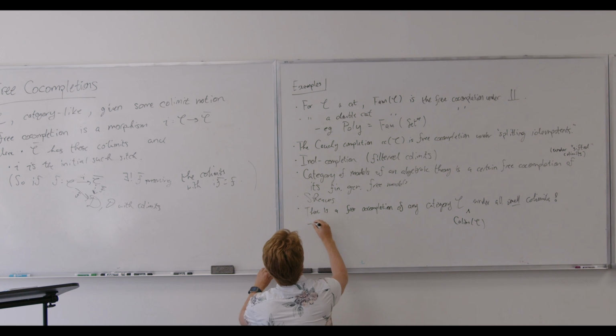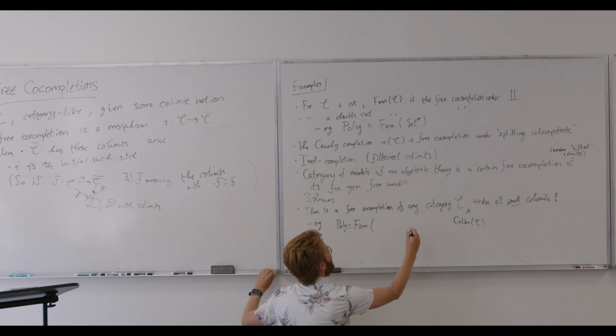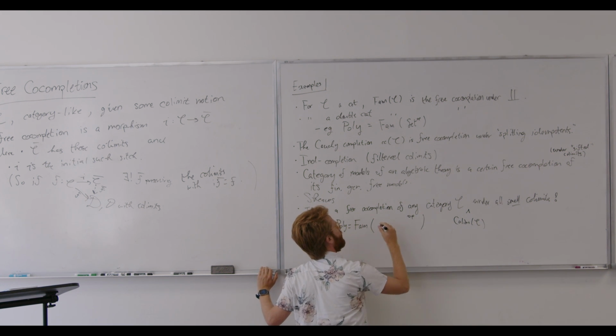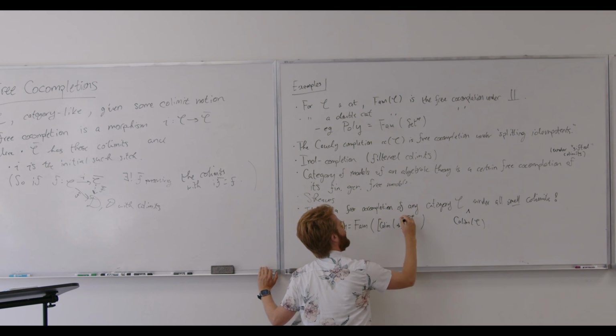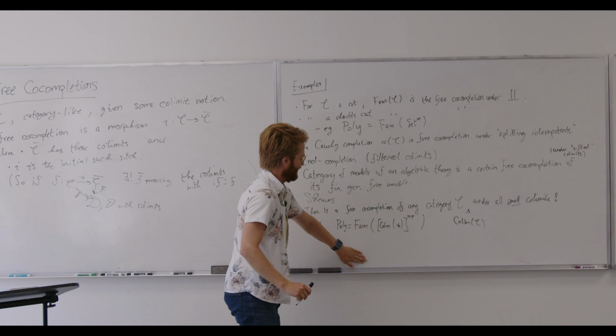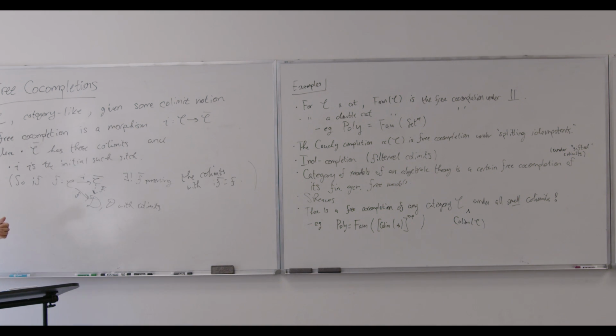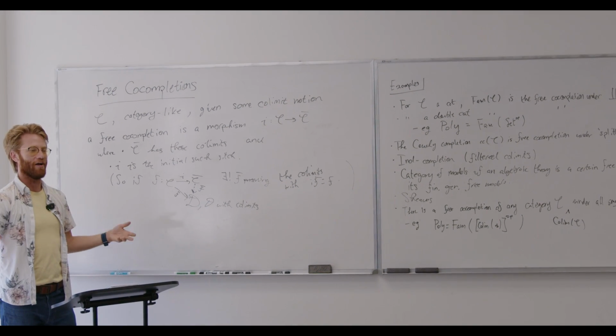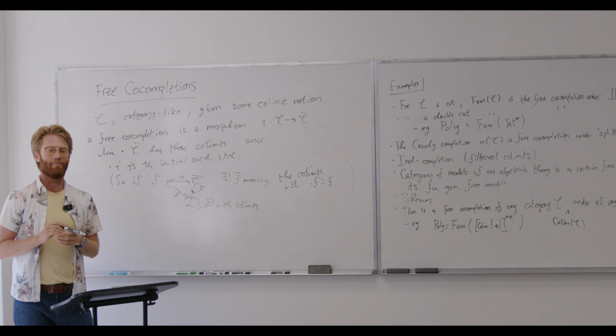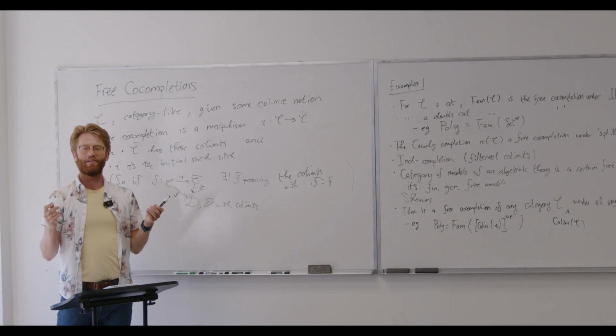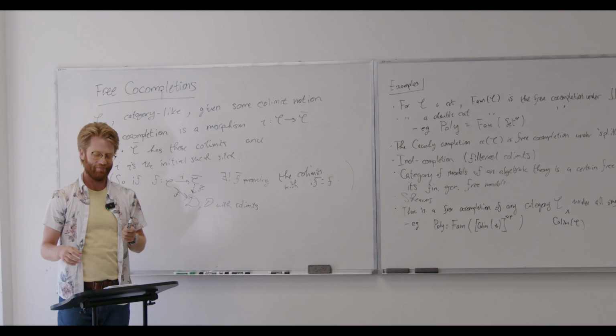So for instance, poly is the free cocompletion under coproducts of the opposite of the free cocompletion under colimits of a point. So everything in poly is general formal categorical cranks. You add some colimits, and then you flip around, and then you add some coproducts, and it's all produced by completely formal manipulations of a point, which is pretty cool.